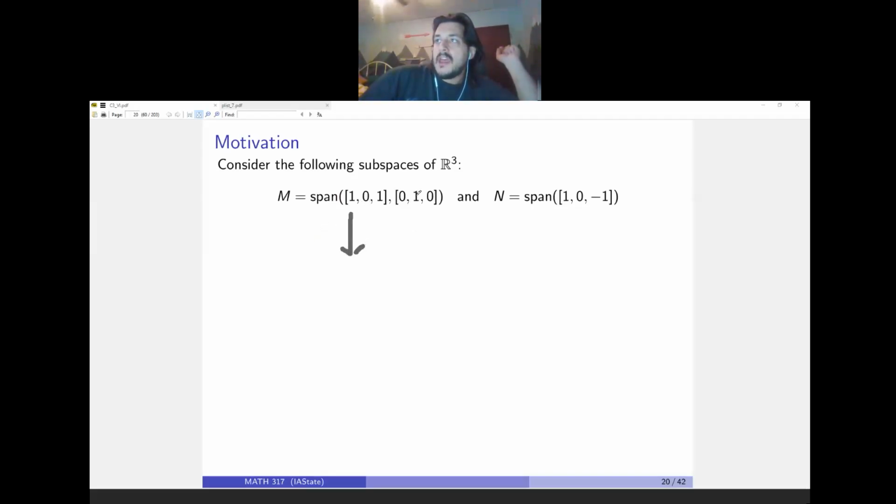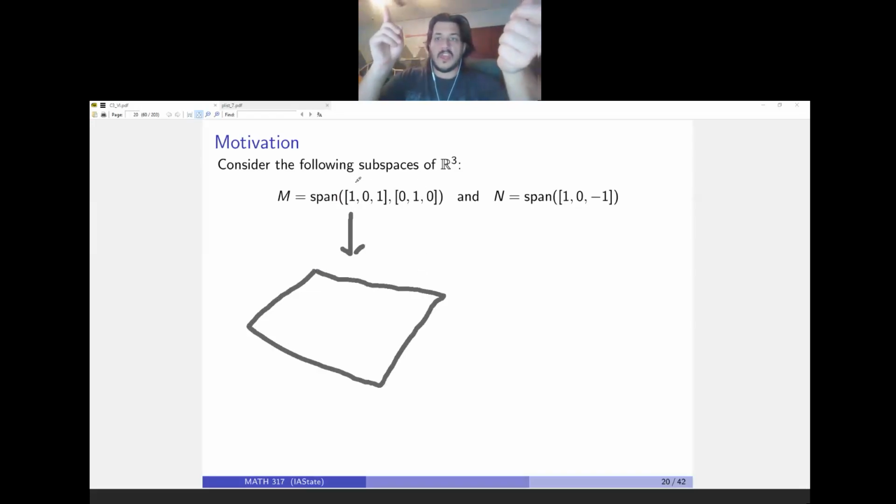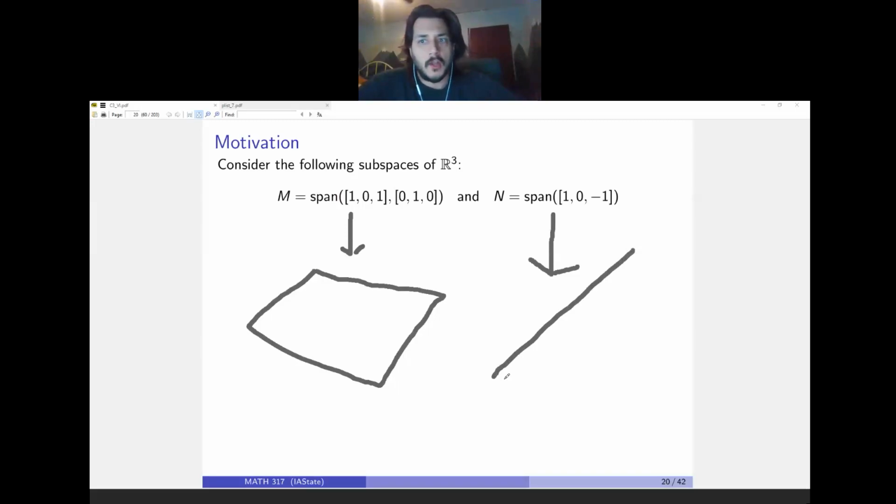The span of 2 elements is something like a plane, the plane that contains those points. And the span of a single vector is just going to look like a line. It's all scalar multiples of the element (1, 0, -1).